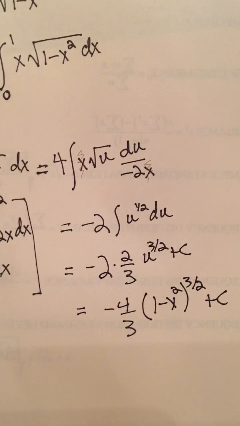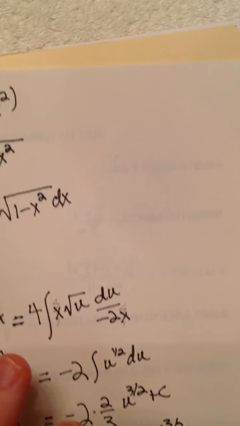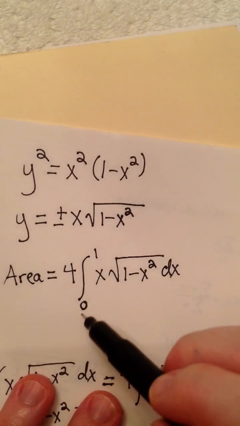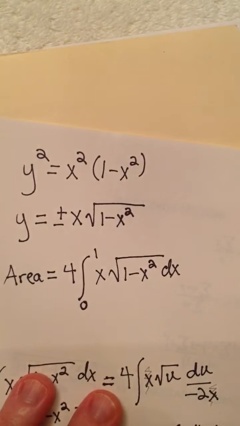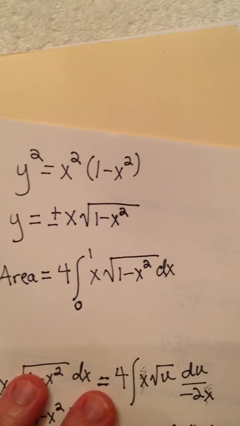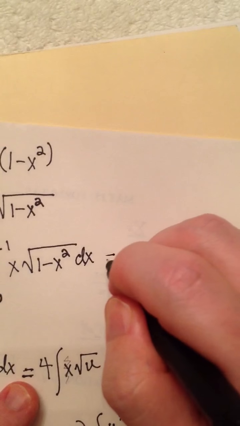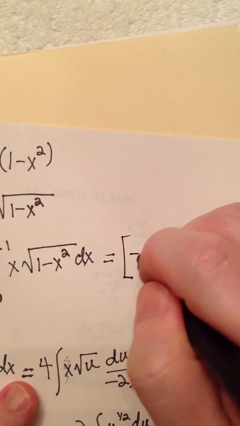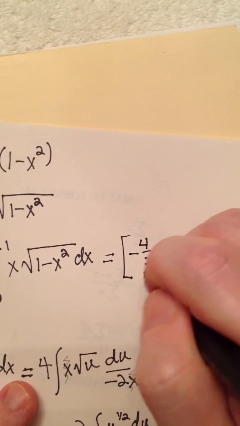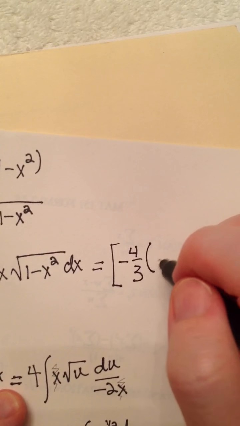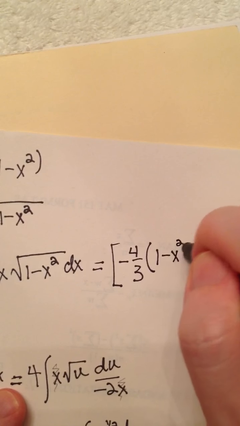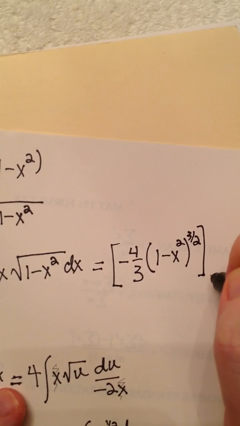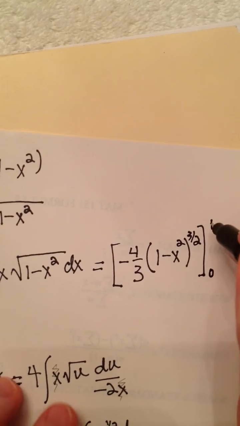Carrying forth with the determination of area, we have 4 times the integral going from 0 to 1 of x times the square root of 1 minus x squared dx. That gives -4/3 times the quantity of 1 minus x squared to the 3/2, as x goes from 0 to 1.